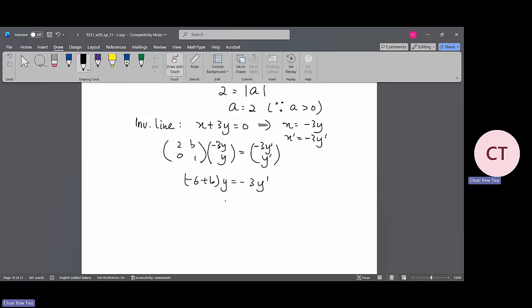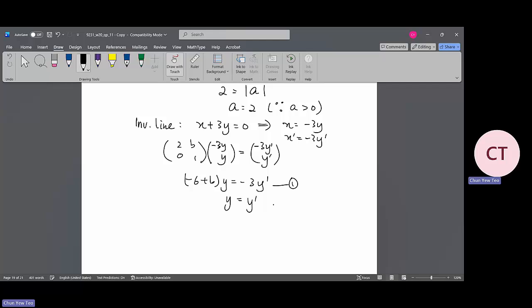And the second part is y equal to y'. Oh, sorry, it's necessary, yes. y is equal to y' because we want to find B.